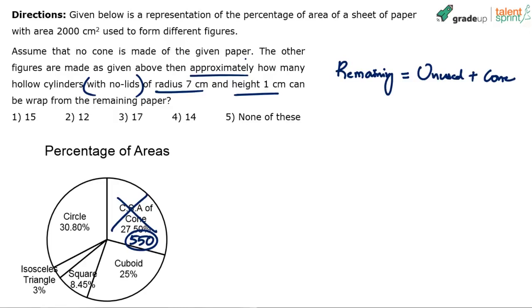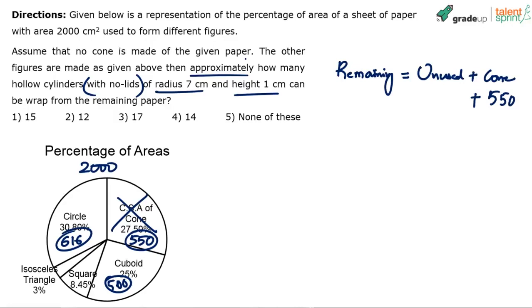This is 550. How much is the unused paper? I think this calculation we have not done so far. So we have to find out how much is unused paper. How do you get unused paper? From the total 2000, subtract all these values. Either do it in terms of percentage or the actual values. Let's do 616 is this, right? Calculations have been done already. You would have noted it in your books, right? 500. I'm writing it again because it got missed in the earlier questions.